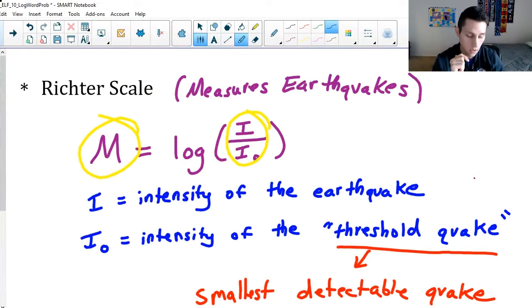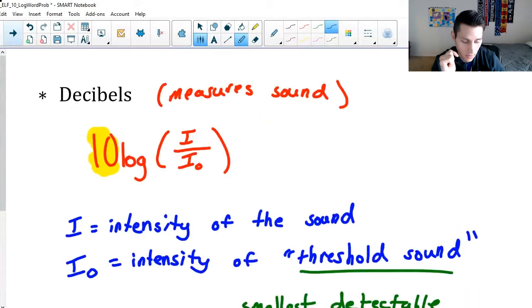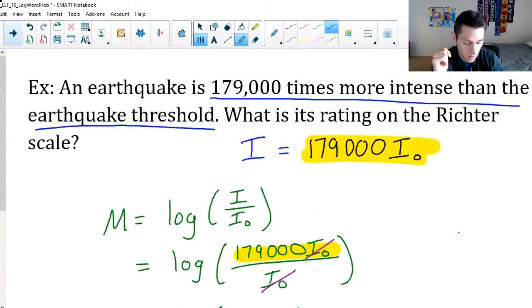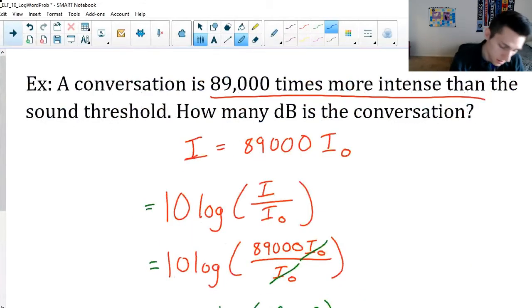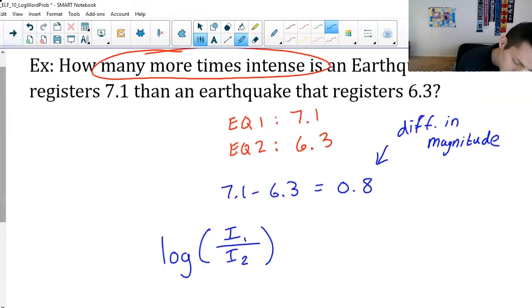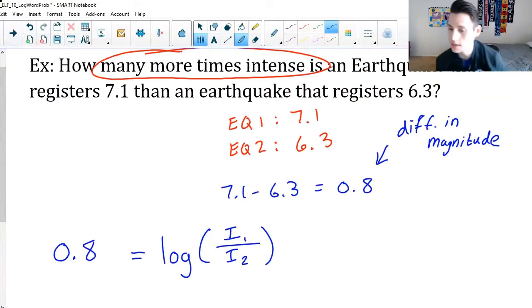So we can use it to determine comparisons between earthquakes. I'll set that equal to 0.8, because I know 0.8 is the difference in the magnitude between them. So whenever I compare the two earthquakes, the difference in magnitude is 0.8.